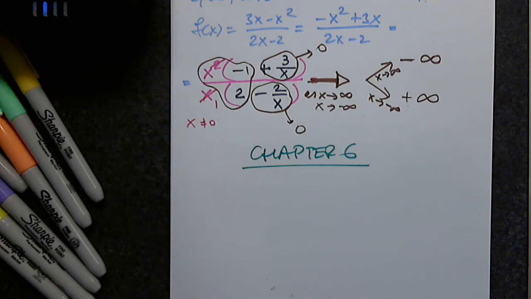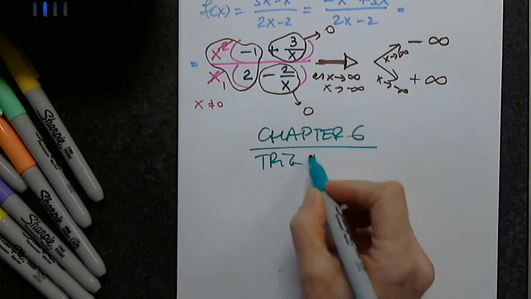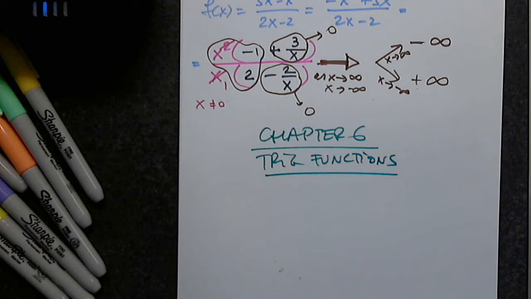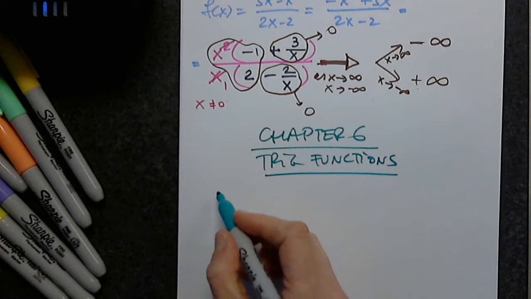The title of the whole chapter is trig functions and the right triangle approach, so I'm just going to say trig functions. We're not there yet. We start with the angle measure, which is 6.1.